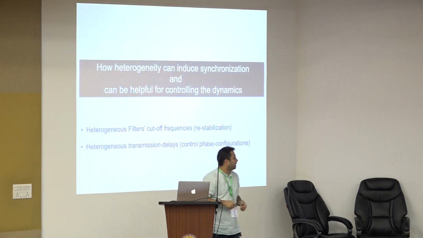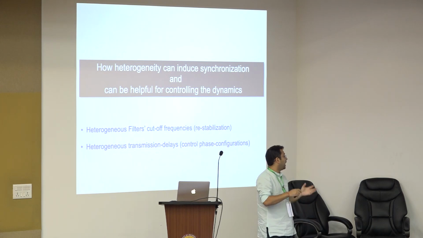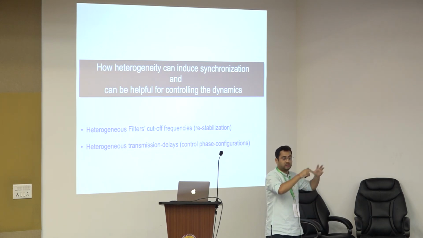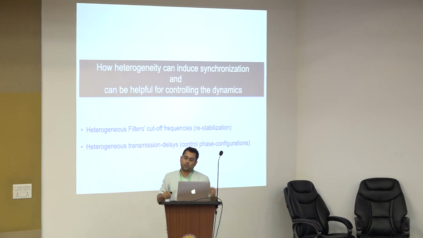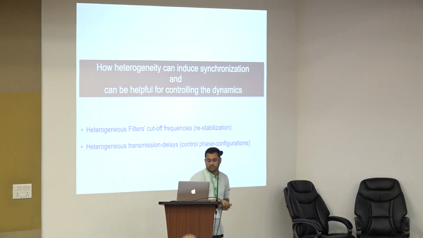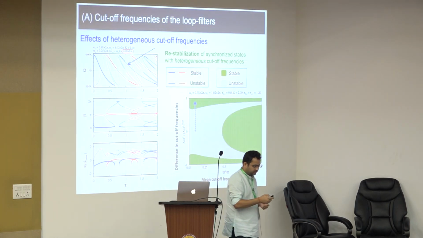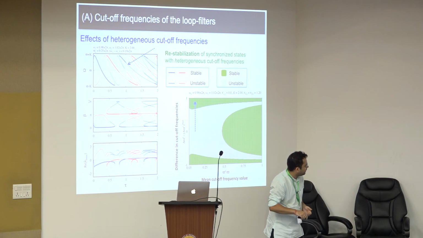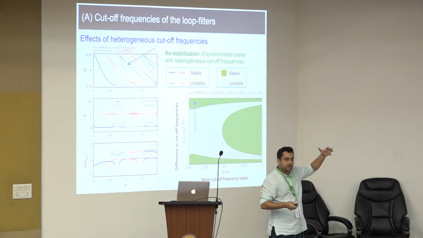Now we ask, can we use heterogeneity to induce synchronization, and can it be helpful for controlling the dynamics? We look at two examples, specifically the heterogeneity in the cutoff frequency of the filter and the heterogeneity in the transmission delay. In the first example, on the x-axis we have the mean cutoff frequency, and on the y-axis the heterogeneity in this cutoff frequency.